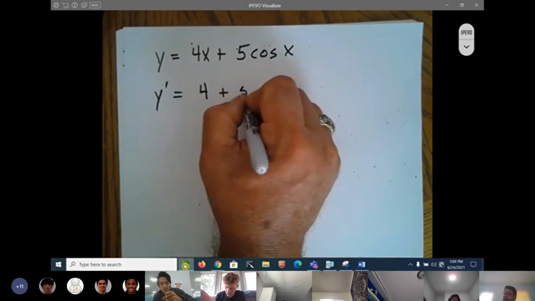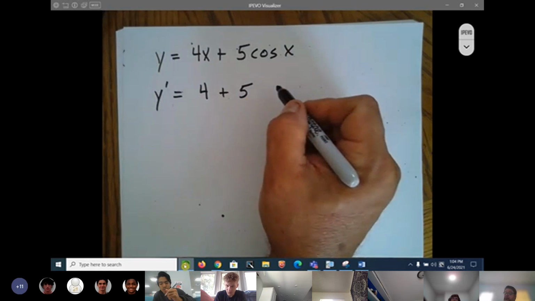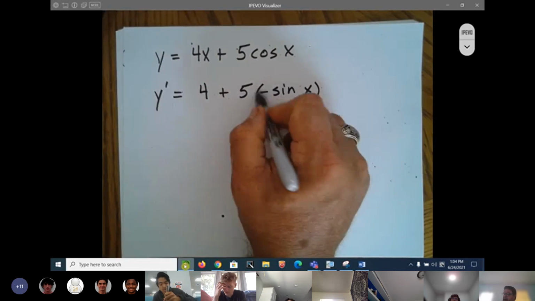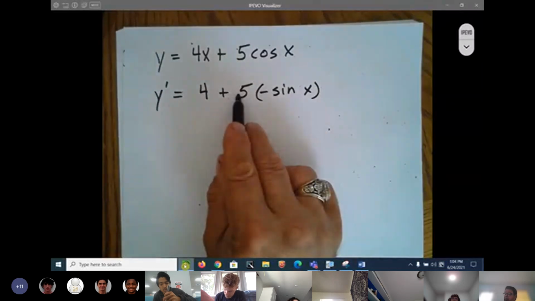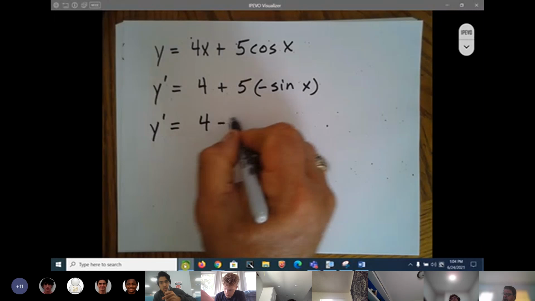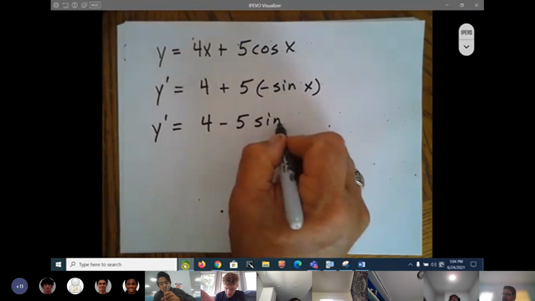And 5, what's the derivative of the cosine? Negative sine, and that negative can come out here, and it should be 4 minus 5 sine of x.